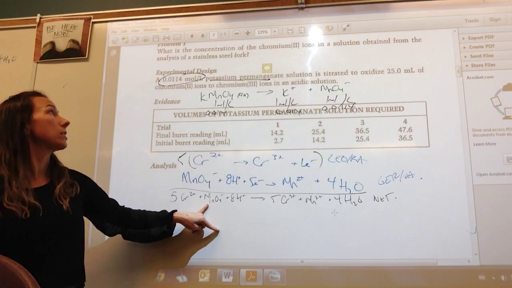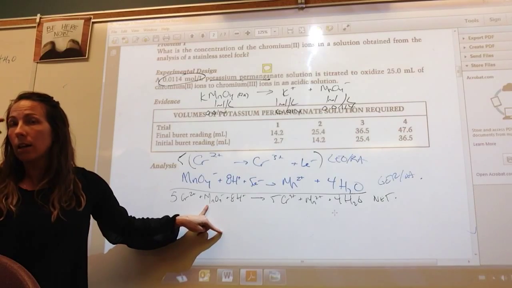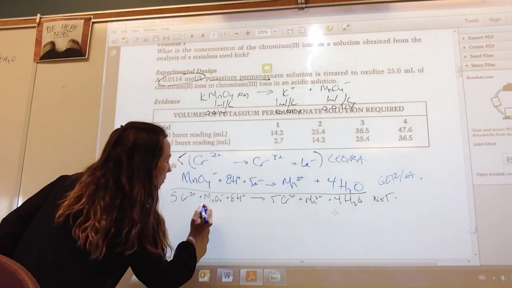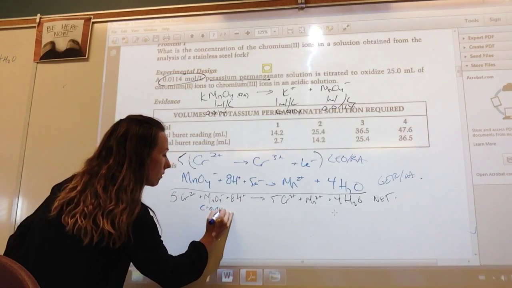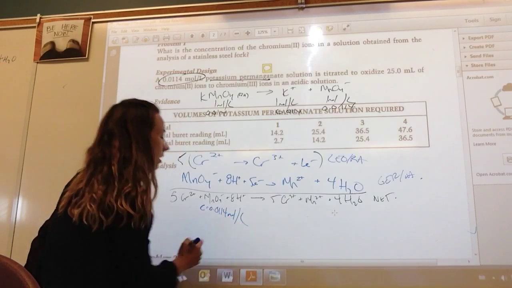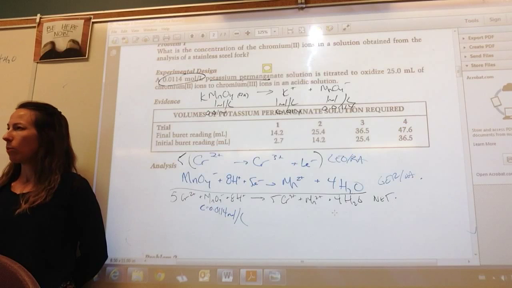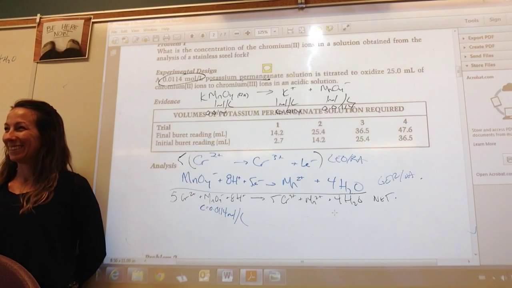So when it says 0.0114 moles per liter of potassium permanganate, and I know that it's a 1-to-1 ratio, I can just go ahead and write down the concentration is 0.0114 moles per liter of the permanganate. With me? Gabriella?